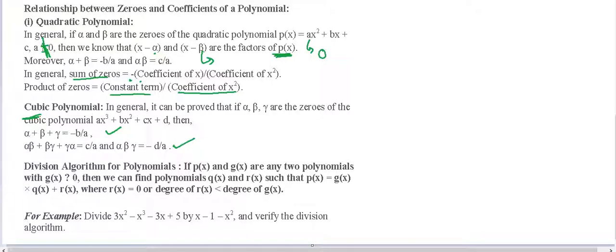For this, you can verify that the sum of the zeros should be equal to minus b by a, and the sum of products alpha beta, beta gamma, gamma alpha is always equal to c by a, and the product alpha beta gamma will be equal to minus d by a. So these are some generalized rules which you can use for verification purposes for solving any sort of equation.